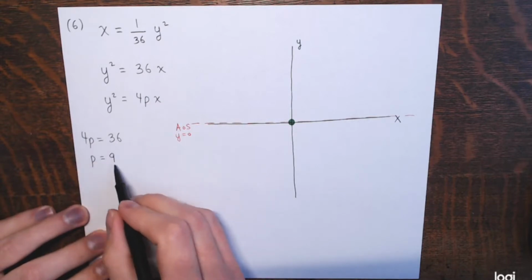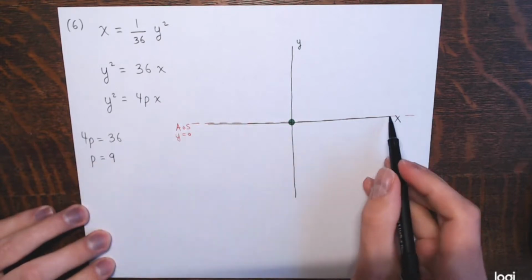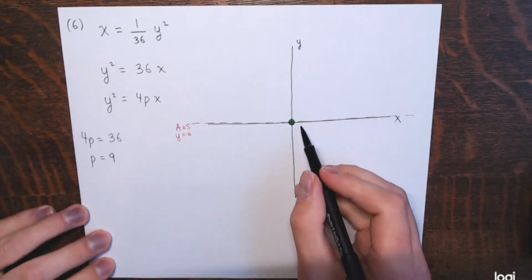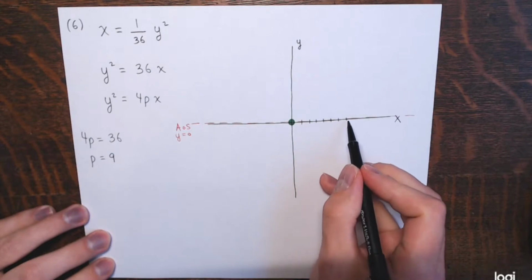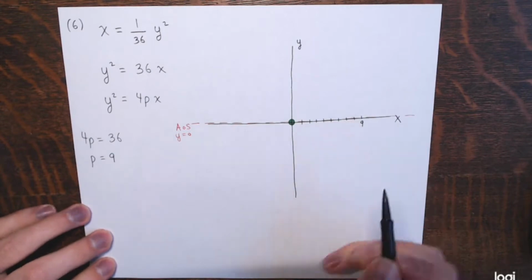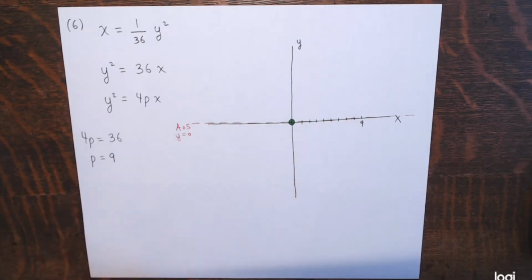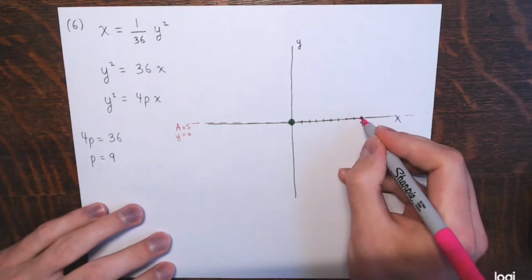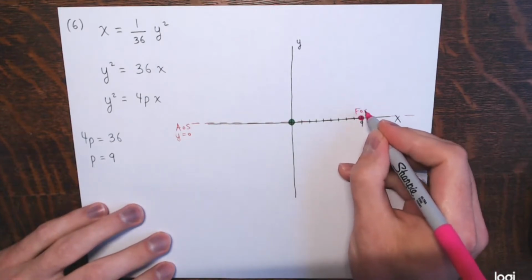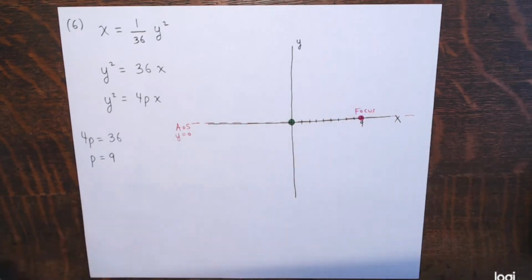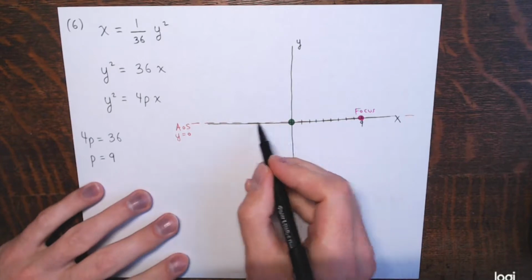And that's a positive 9, and when we're talking horizontal, positive is to the right. So from the vertex, I go to the right 9 units. So the focus is over here at the point (9, 0). And if that's where the focus is, the directrix will be 9 units to the left.